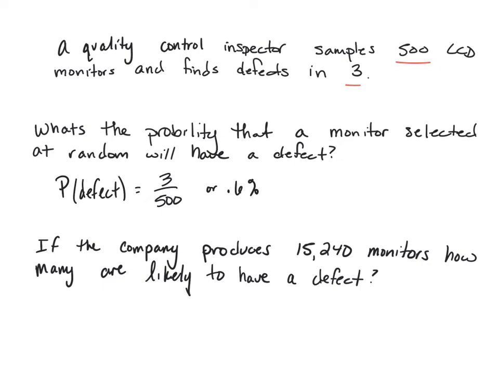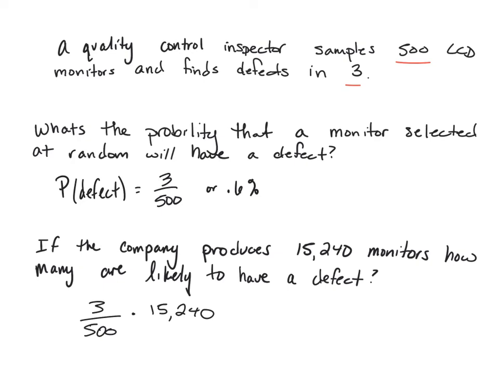So if they want to know, if I produce 15,240 monitors, about how many can I expect to have a defect? Well, I can use that probability and say, if the probability is 3 out of 500 are going to be defective, I can multiply that by the number of outcomes that I had, or produced, 15,240.